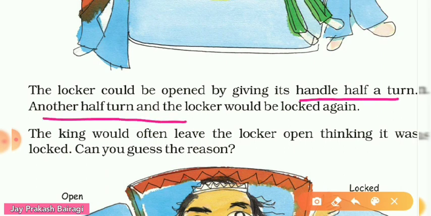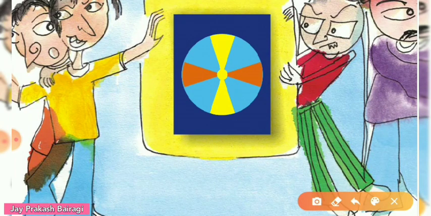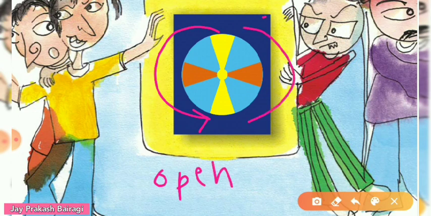Then another half turn, and the locker will be locked again. Half turn means up to down, then it will be open. Then if you take another half turn, it will now be closed.